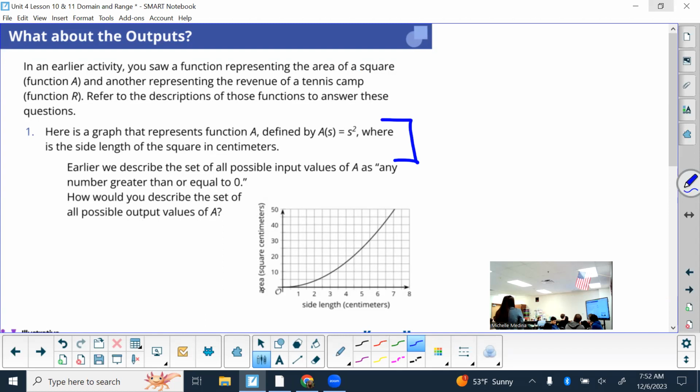So like for the area, can my area be negative numbers? No. Could my area be decimals? Yeah. And it could also be whole numbers, right? And it started at 0 because of course, no negatives.